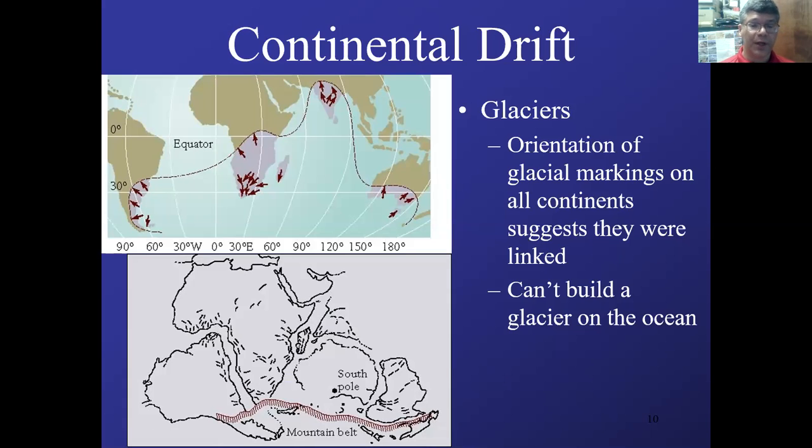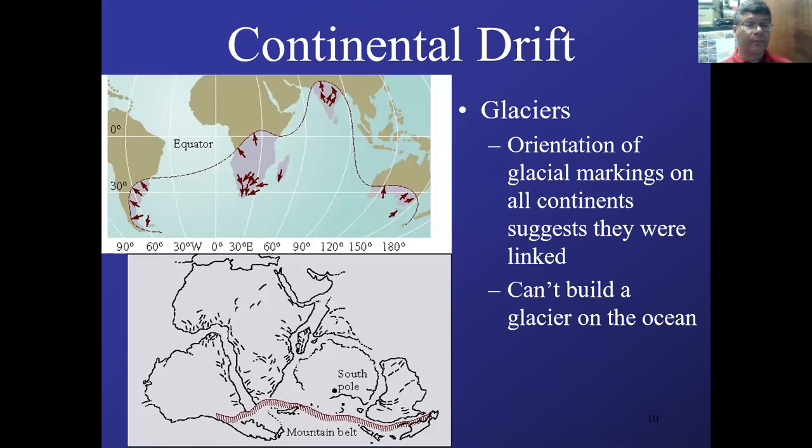Geologic features, we see down here, a pattern of mountains, faults, other geologic features that match up across the continents if we fit them together. Up here shows glaciers with arrows showing the direction of them. There are two things that are somewhat strange about these.